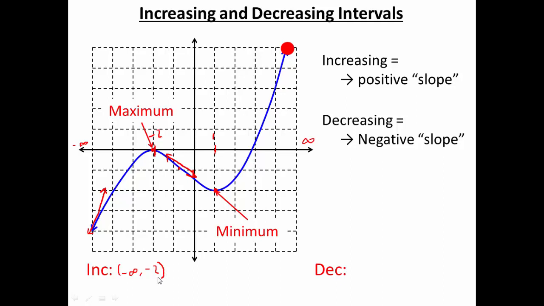It only increases up until you get to that point, because once we get to -2, it starts to decrease. So I'll put that over here. And it decreases until we get to x equals 1. And at x equals 1, it begins to increase again forever. So it increases from negative infinity to -2, decreases from -2 to 1, increases from 1 to infinity.